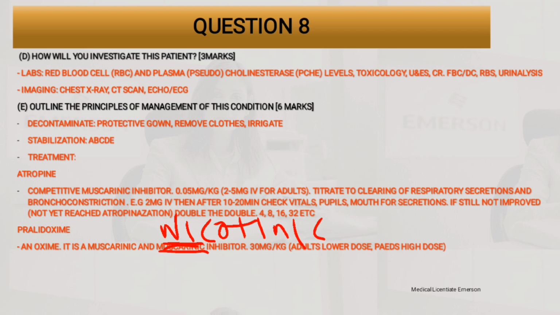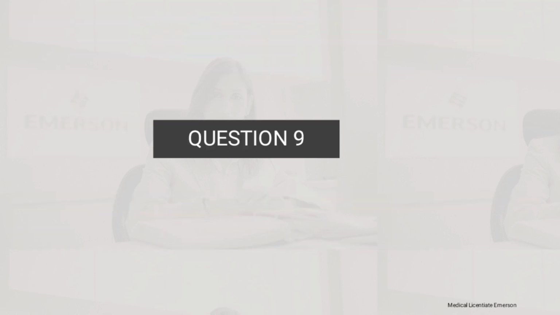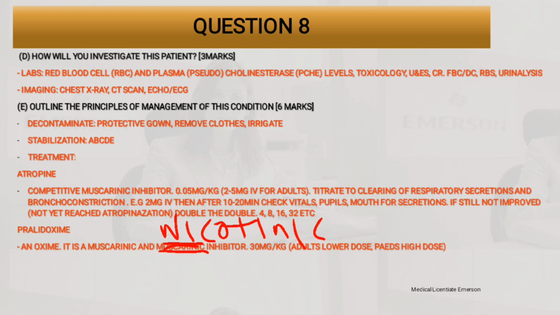Then you give it at 30 milligrams per kg. Adults usually a lower dose, then peds a high dose. Okay, that's how you go about it. So specifically we are done with question 8. That's how we go about the principles of management for the patient.